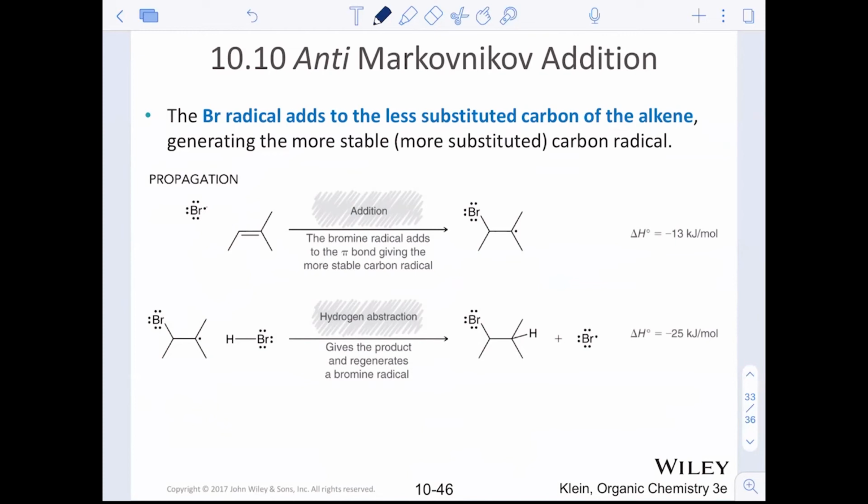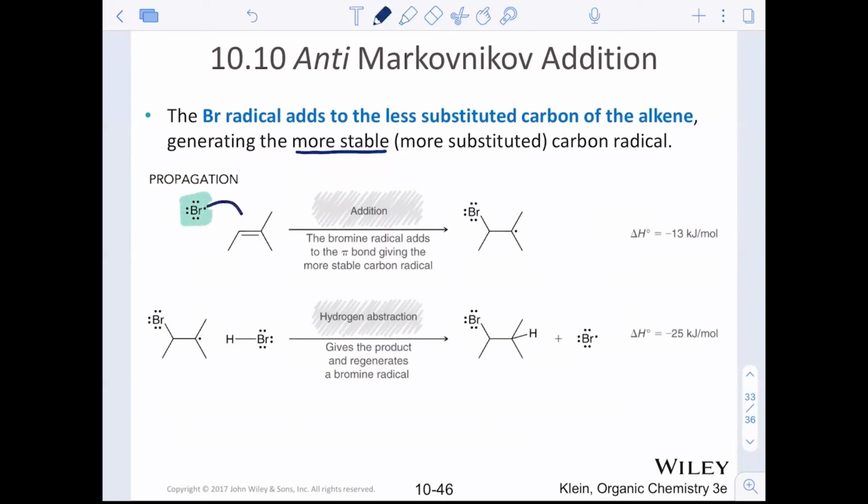Now in the propagation step, let's think about where do we want the radical? We are going to be putting bromine first onto our alkene. Notice that this is the opposite of what we did in chapter 8 with our heterolytic cleavage. Homolytic radical reaction is still generating the more stable radical. We are simply just adding bromine first.